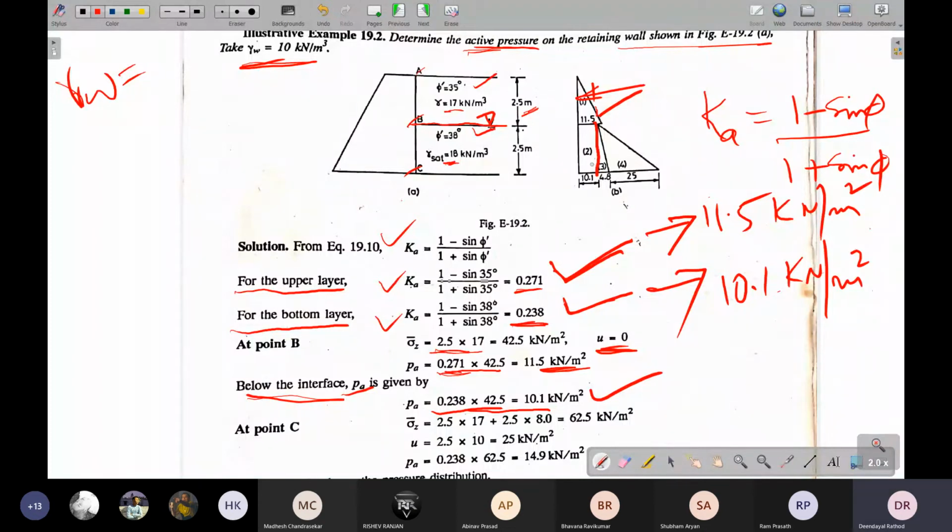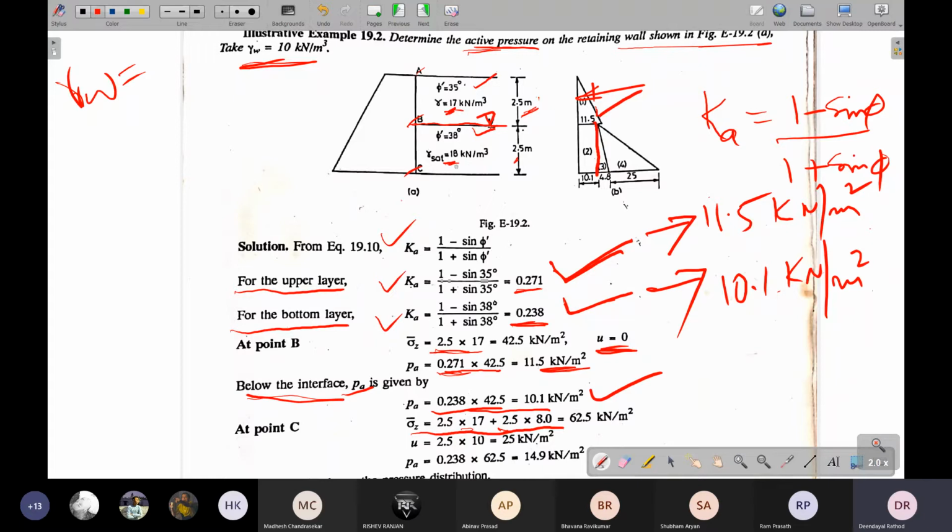Then at the point C, there is no change in layer, only one soil we have here. At the point C, we have to find out the vertical stress. What is the vertical stress? 2.5 multiplied by gamma, then 2.5 plus 2.5 multiplied by 18.